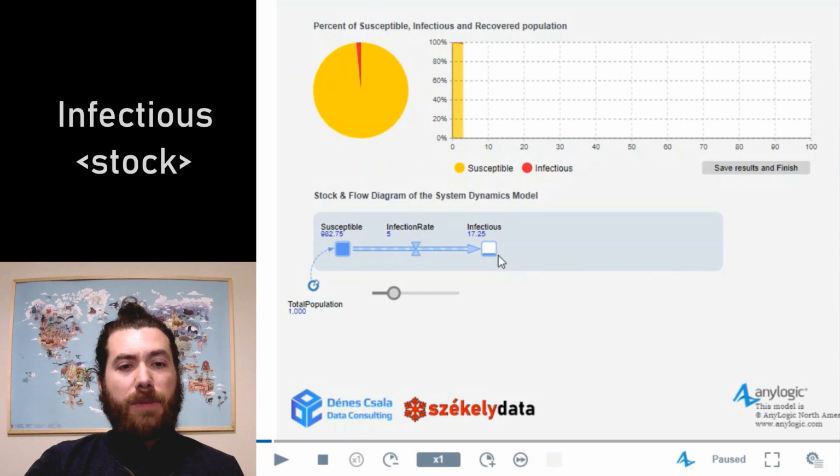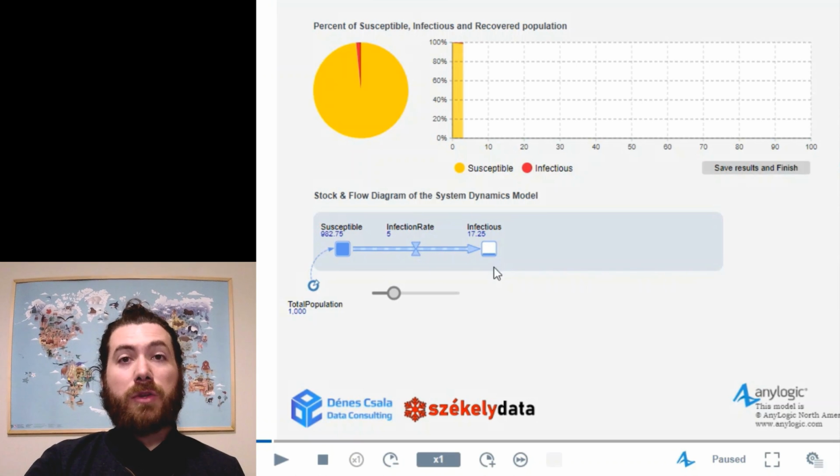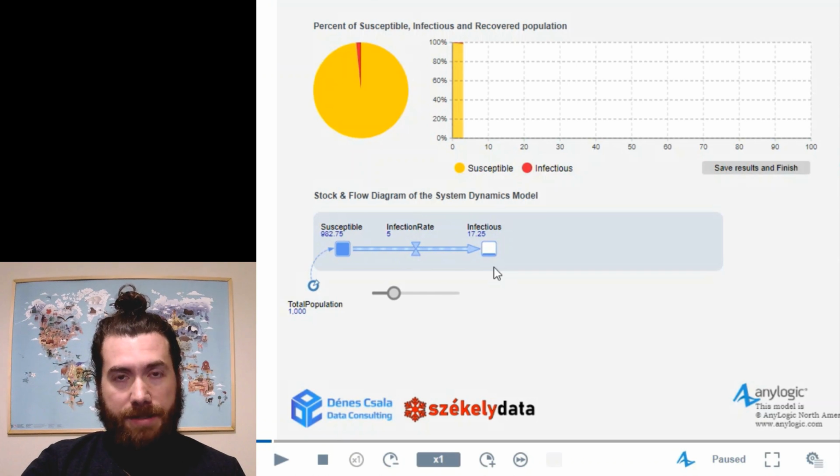Let's use a toy example. Obviously, we can calibrate the model later to reflect actual populations, but let's say we're dealing with an initial total population of 1,000 and everybody is susceptible in the beginning. So the susceptible stock is 1,000 people.